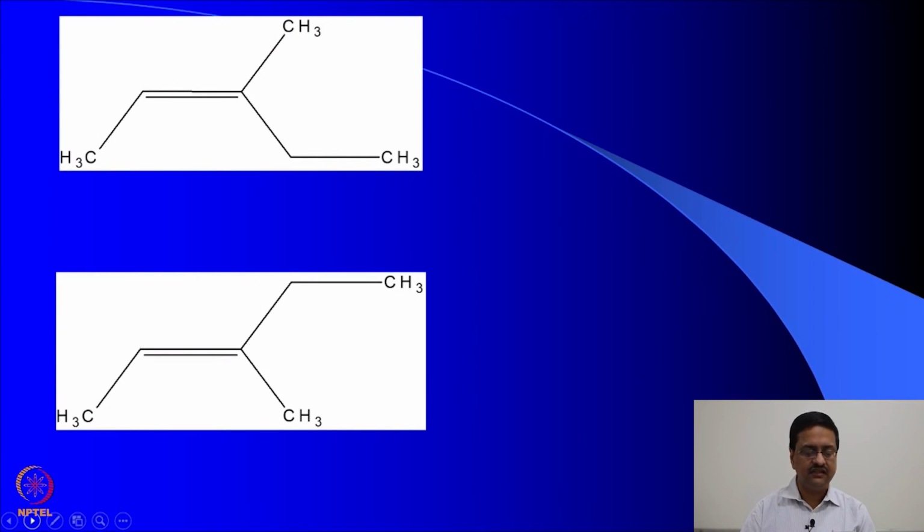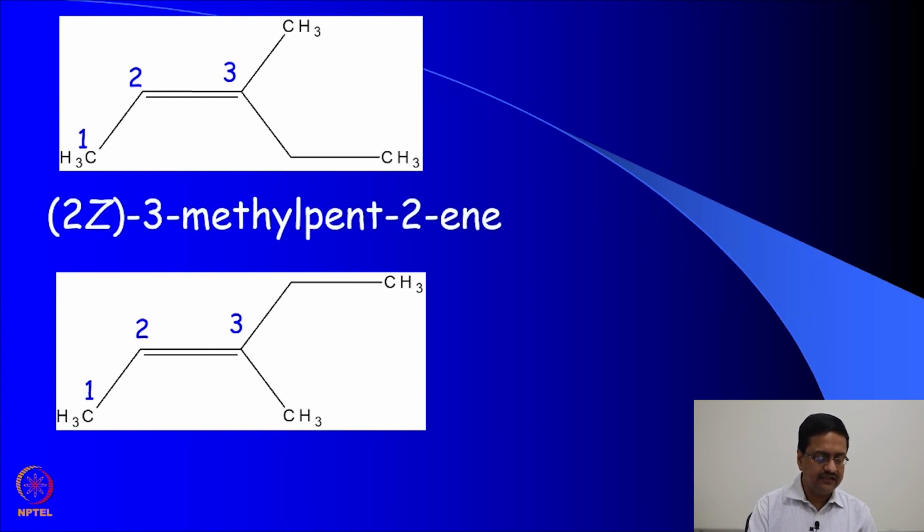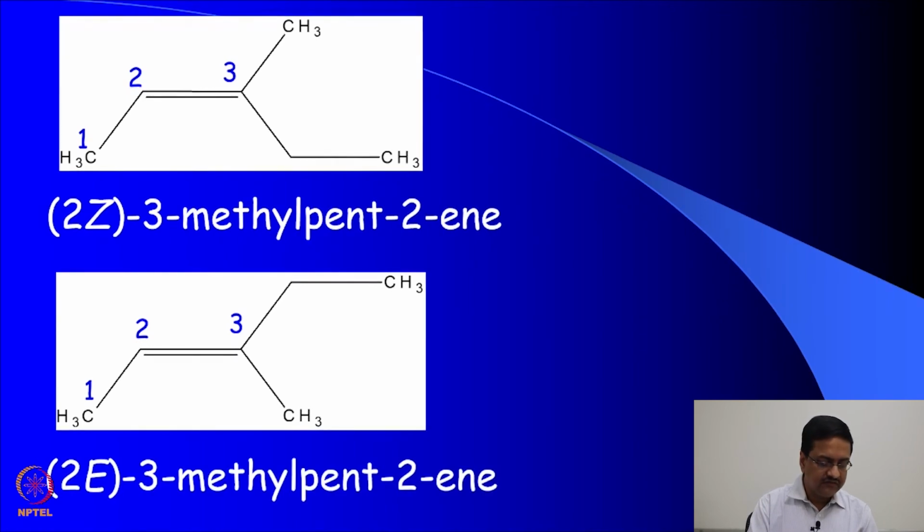So, here what we can see is that these two molecules have the same formula, but the groups that are attached are in different ways. Both of them have 5 carbon atoms in the longest chain, and the groups are attached in different directions. So, what we see here is that we try to prioritize the atoms on either side of the double bond.